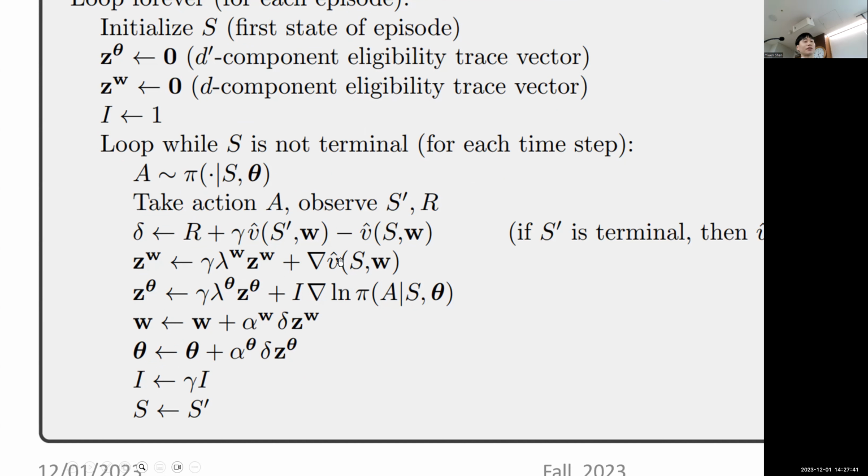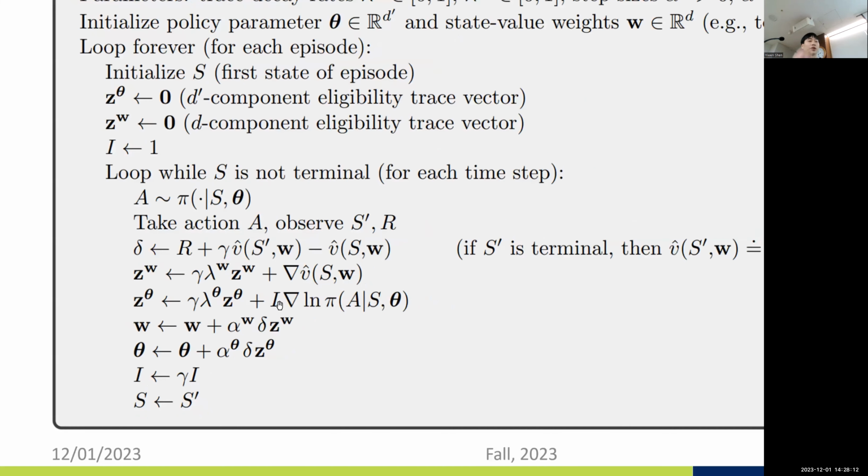Z_W is in charge of adjusting the state value gradient, and Z_theta is in charge of the gradient of the policy. We use Z_W and Z_theta to update the weight vector and the theta vector.